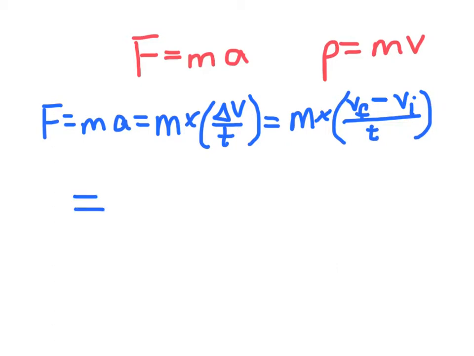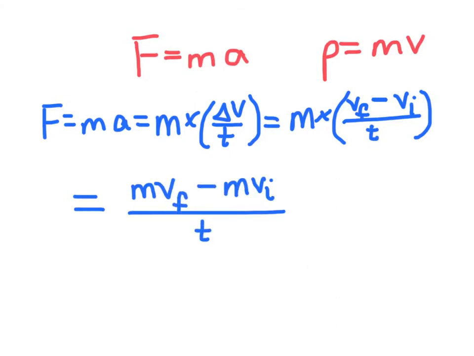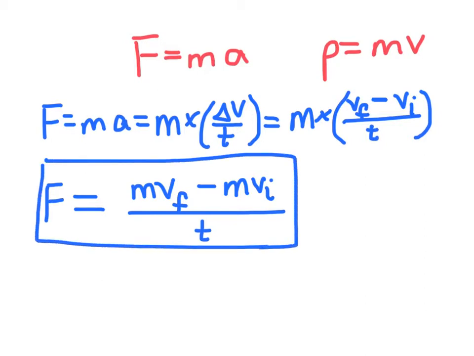So if I do that, I get mass times final velocity minus the mass times the initial velocity, all divided by the time. That equals force. I can look at this equation and analyze it to help me understand the relationships here.